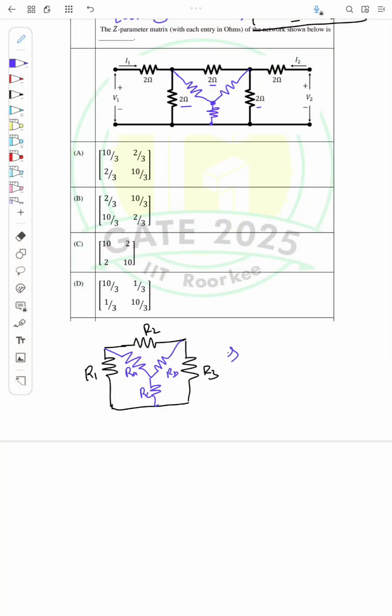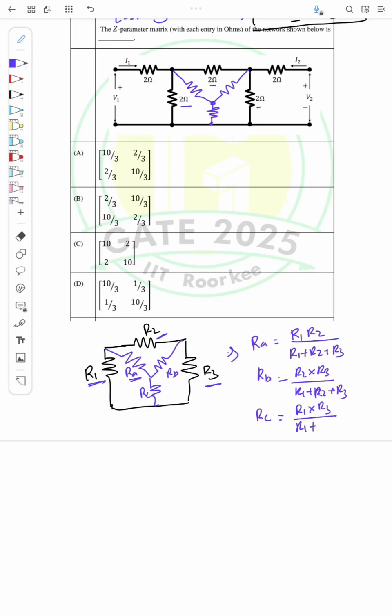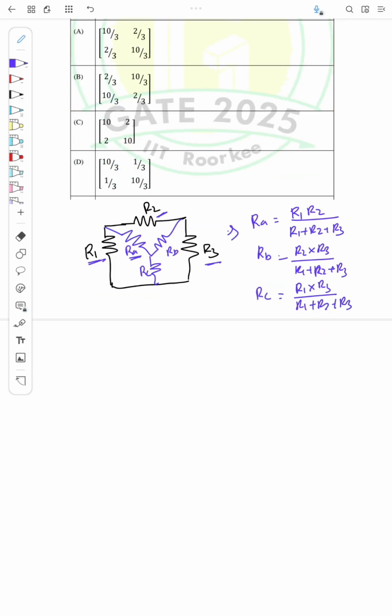So what is the relation? I can find RA as R1 into R2 by the total resistance R1 plus R2 plus R3. Similarly, RB is R2 into R3 by R1 plus R2 plus R3, and RC is R1 into R3 by R1 plus R2 plus R3, right?